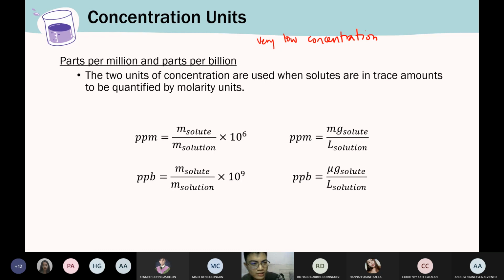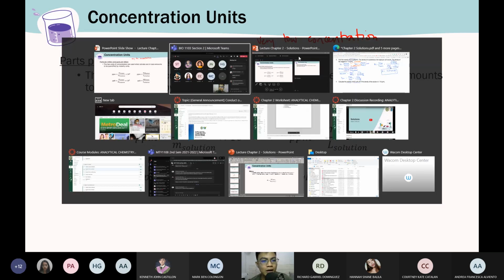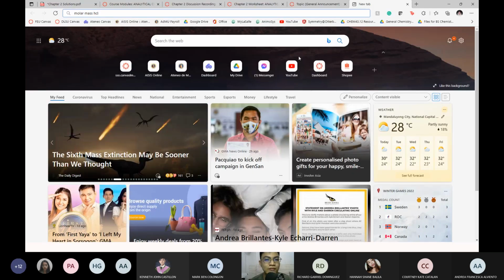Okay, so the parts per million and the parts per billion are the common concentration units, especially when it comes to determining the constituents in water. Okay. So kunwari, example natin is yung Evian.